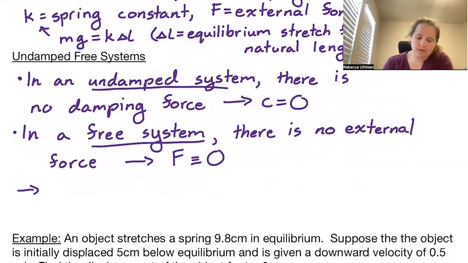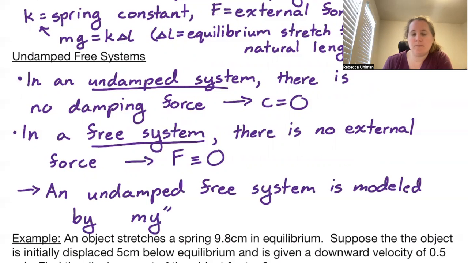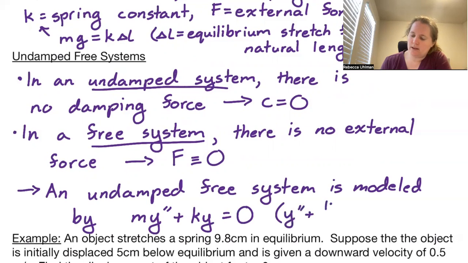An undamped free system is modeled by the much simpler differential equation, my double prime plus k times y is equal to 0, or y double prime plus k over m times y equals 0.